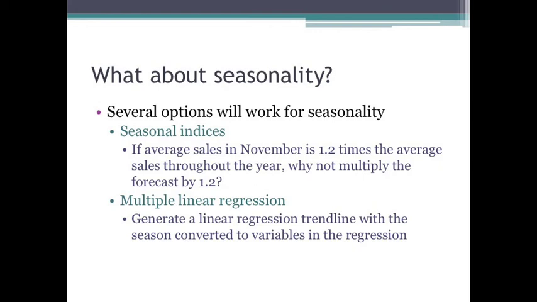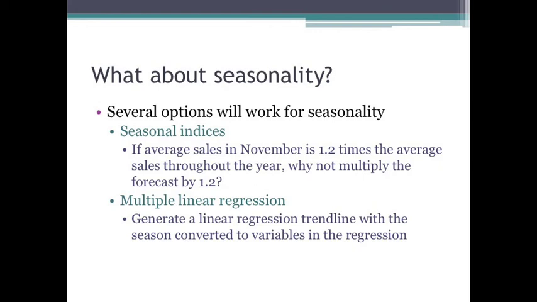We have seasonal indices, and the idea of seasonal indices is that we simply adjust our trend line such that if it is a particular month or a particular season, we multiply it based on that season. So if our average sales in November are 1.2 times our average, well, why not just multiply our forecast by 1.2? So in this way, we generate multiples.